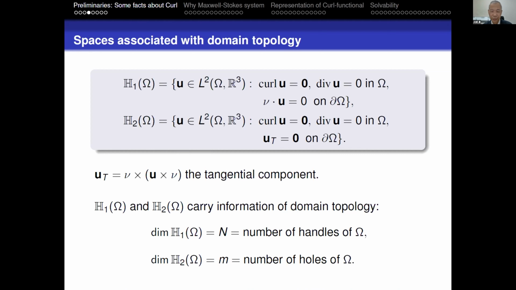Another space, H2, consists of the vector fields with curl equals 0, divergence equals 0, and tangential component U sub t equals 0. H1 and H2 carry information of the domain topology. For example, the dimension of H1 is n, the first Betti number, and the dimension of H2, little m, is the number of holes. So you can understand the domain topology through these two spaces.